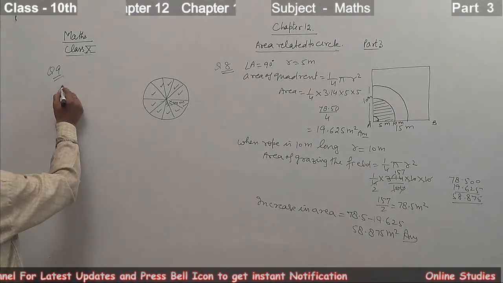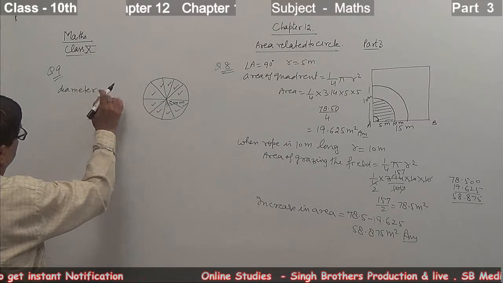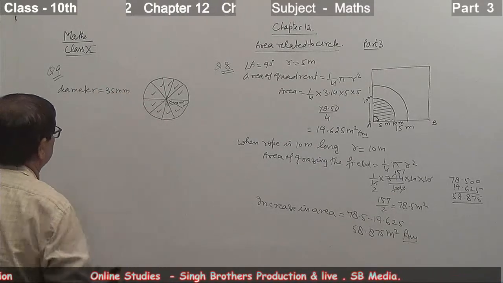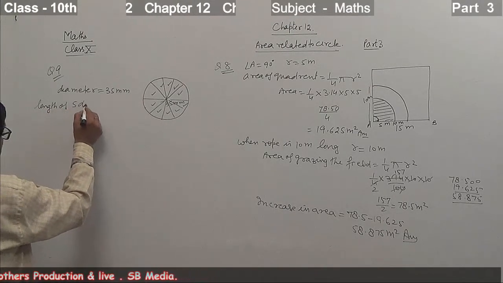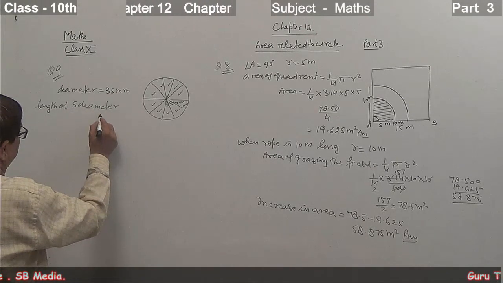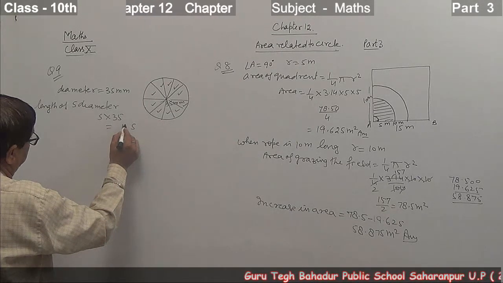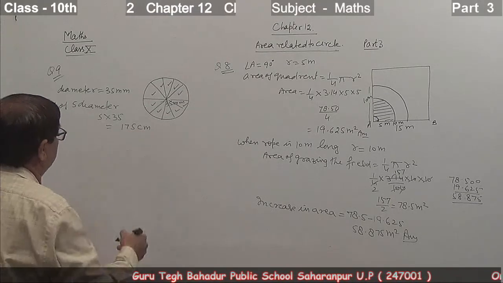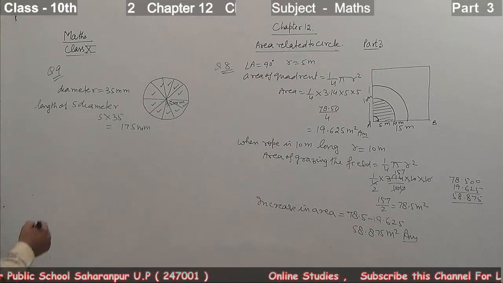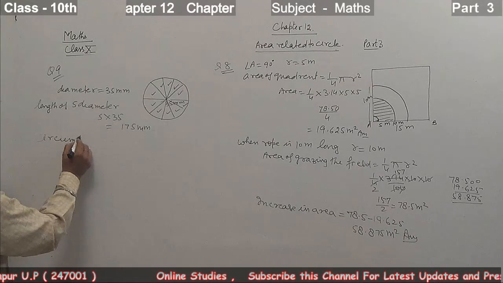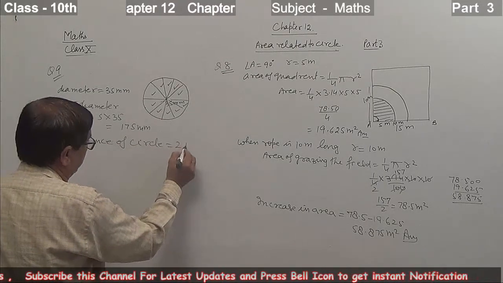The diameter is 35 millimeter. The length of 5 diameters is 5 into 35, that is 175 millimeter, and the circumference of the circle is 2 pi r.